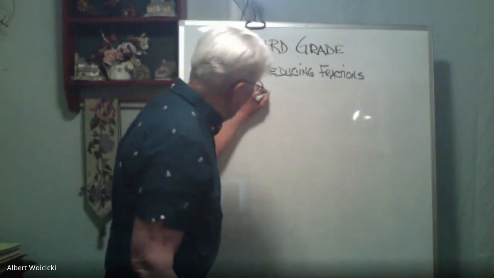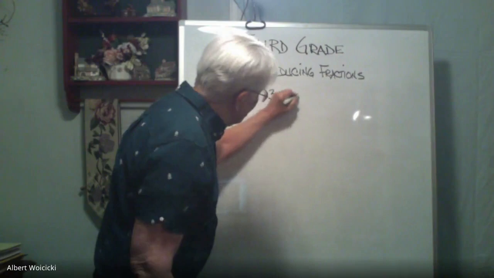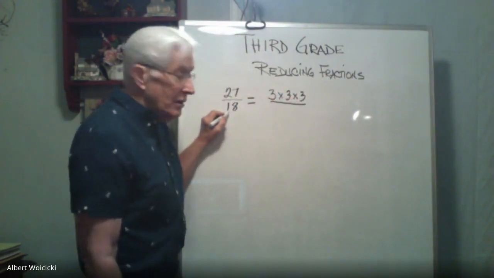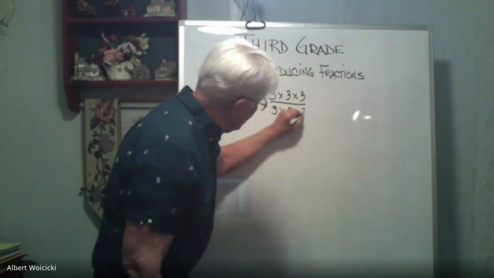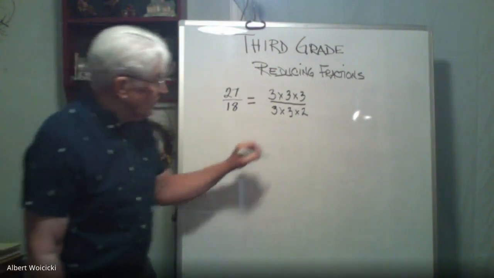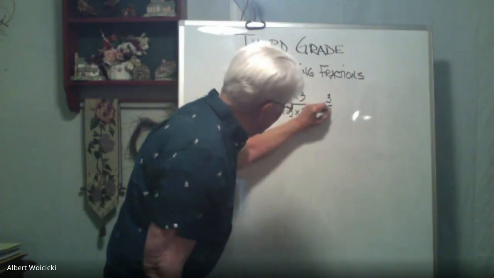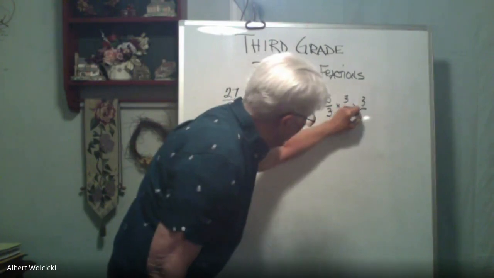So up here you write 3 times 3 times 3, which is your factors of 27. And here you write 3 times 3 times 2. Okay, so your students then see you have a 3 over a 3 times a 3 over a 3 times a 3 over a 2.